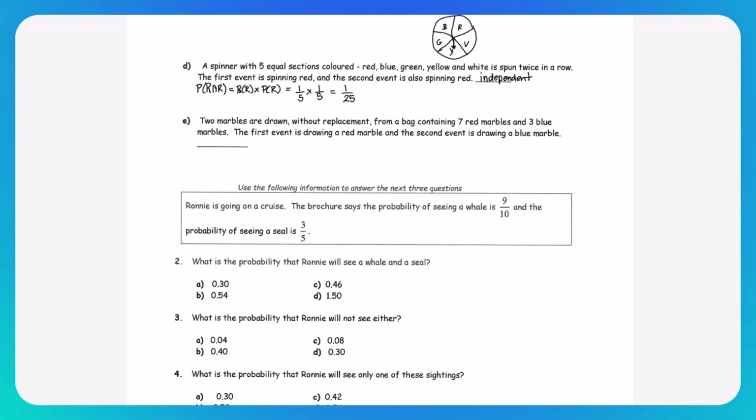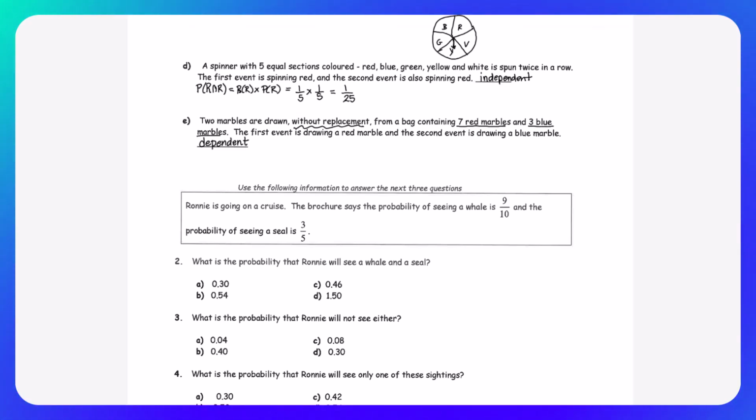Okay, E, 2 marbles are drawn without replacement. Right away, we don't even have to read any further. Because they're not replaced, that tells us right away that the events are dependent. So there's a bag that has 7 red marbles and 3 blue marbles.